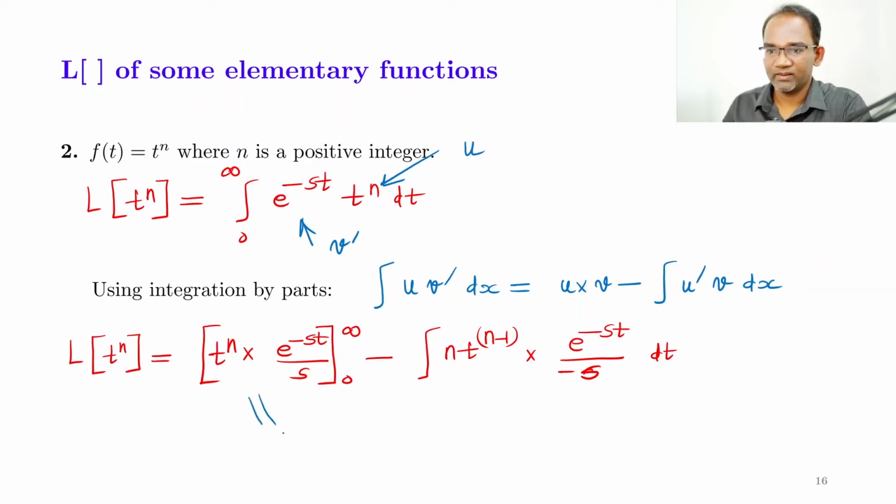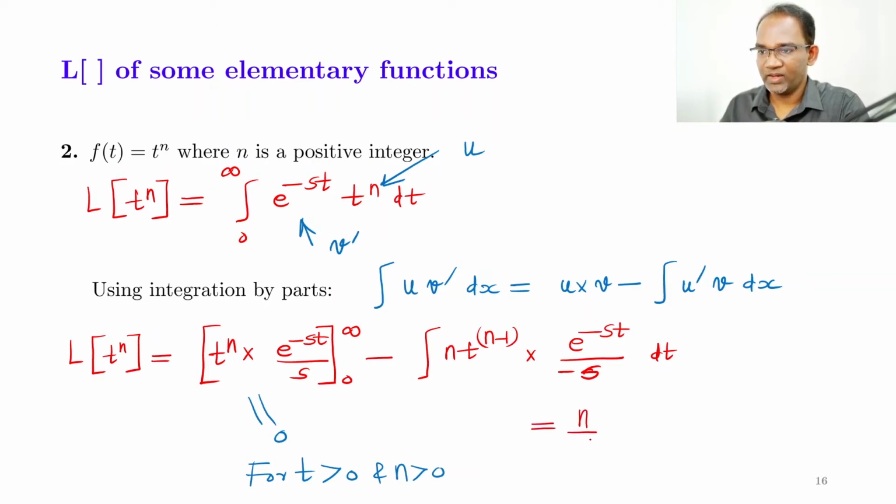And this will be 0 for t greater than 0 and n greater than 0. Therefore, this turns out to be n over s times the integral of t raised to n minus 1 e raised to minus st dt, with the limit 0 to infinity.